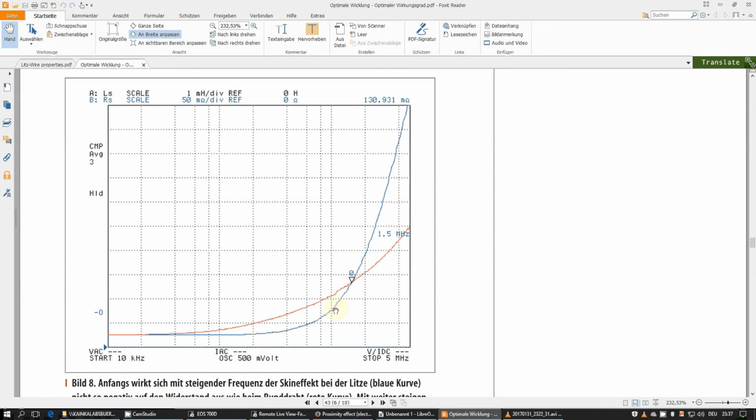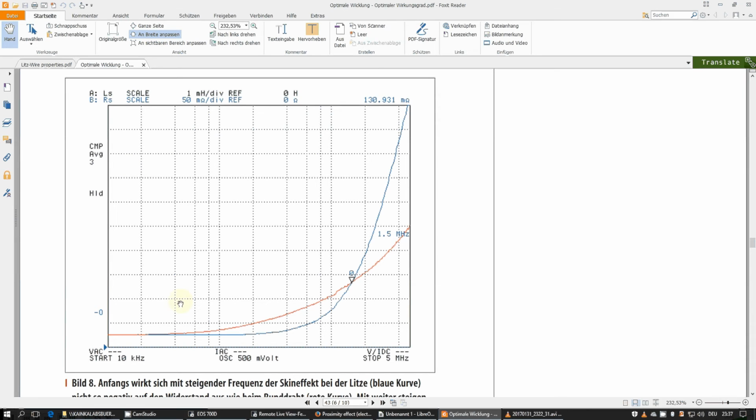In this case, the litz-wire is 80 single wires times 0.1 millimeter of wire diameter. On the x-axis, we can see the frequency, starting from 10 kilohertz, here we are at 100 kilohertz, this is 1 megahertz, and it stops at 5 megahertz. And the y-axis is the measured AC resistance.